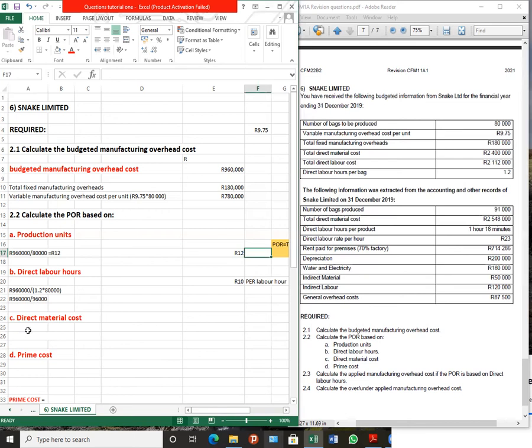But if your budgeted base is cost, which is going to be cost to cost, which means your denominator and numerator are going to be cost and cost, you are going to multiply with 100, and your answer is going to be in percentage.